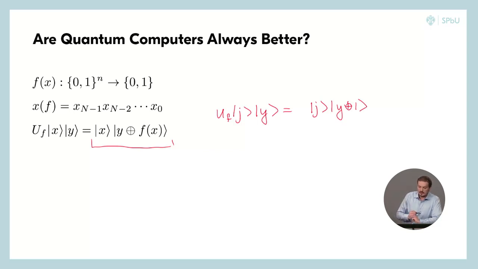This means that f of j equals 1, so we can put xj here, which is 1, plus 1 minus xj, again j and y. So if xj equals 1, then we have this part here, and this goes to 0. And if xj equals 0, then this part stays, and this goes away.